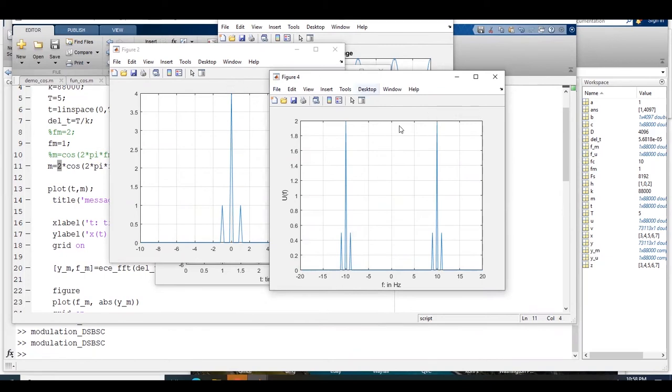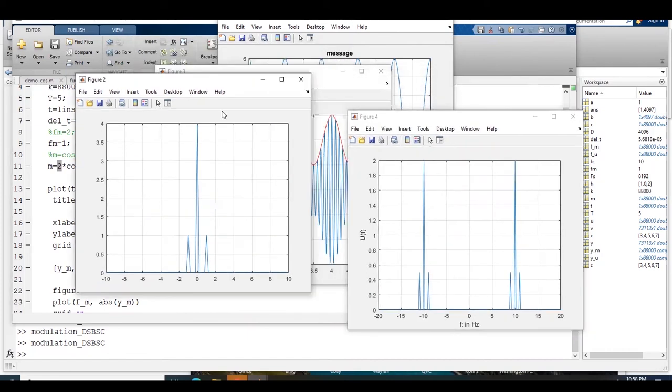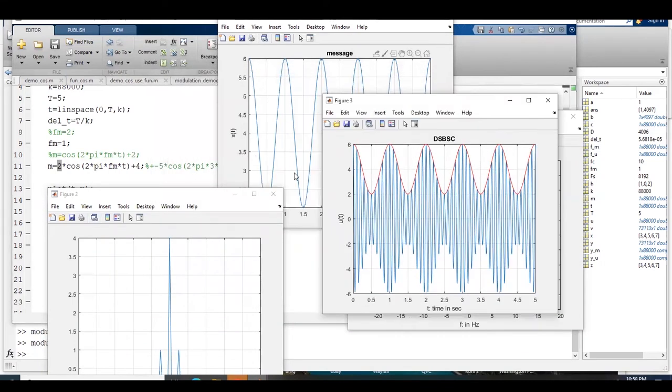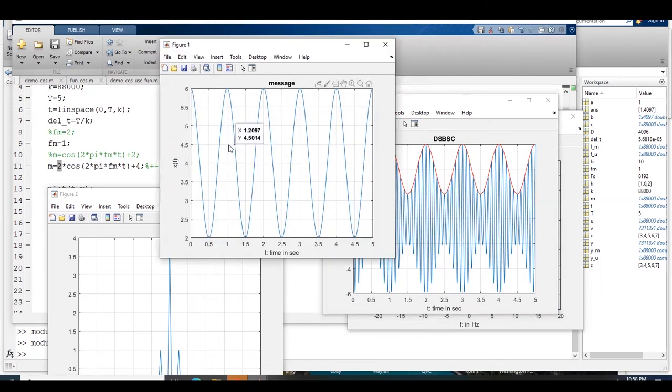In your lab, you're going to generate those charts yourself. You're going to look at the time domain waveforms, the message signal. You're going to draw. You can take the screenshot, but it's strongly suggested that you draw by hand because in the next exam, exam 1, you're going to draw waveforms.